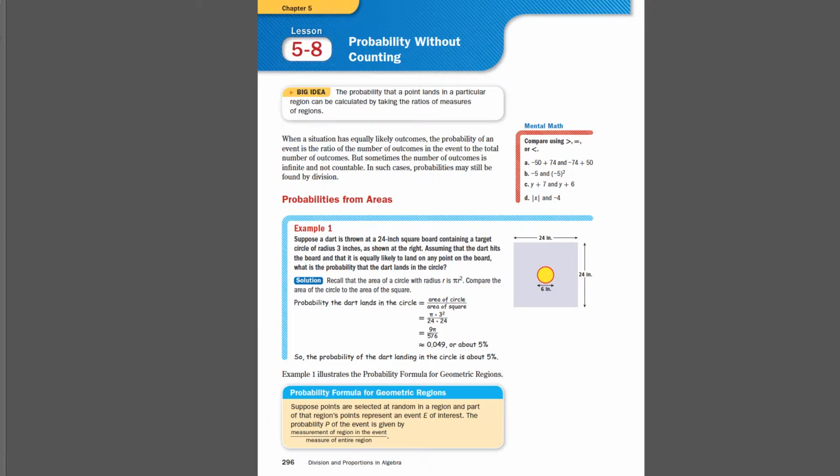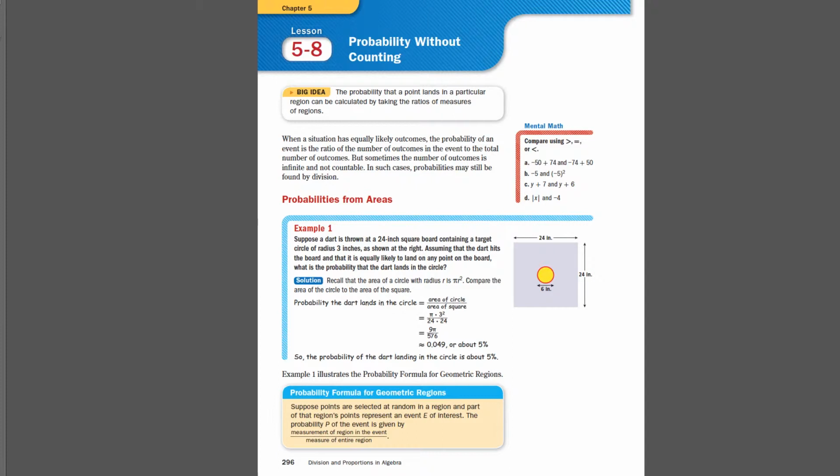An approximate value would be one where we take 9 times pi, not 9 times 3.14, but hit the pi button on your calculator. So 9 times pi divided by 576, and that's going to give us about 0.049, or about a 5% chance of the dart or object landing in the circle, given that it could land anywhere.